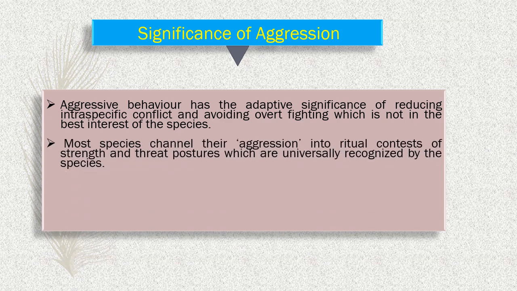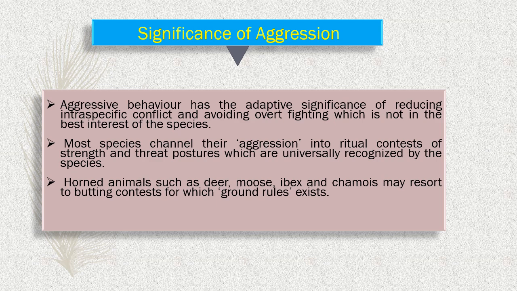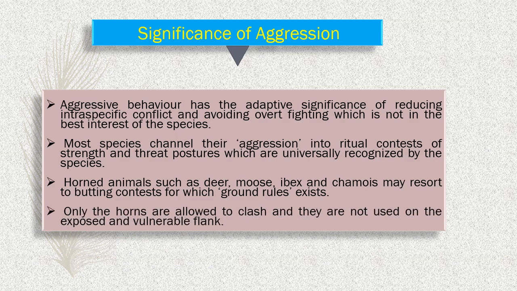Most species channel their aggression into ritual contests of strength and threat postures, which are universally recognized by the species. Horned animals such as deer, moose, ibex and chamois may resort to butting contests for which ground rules exist. Only the horns are allowed to clash and they are not used on the exposed and vulnerable flank.